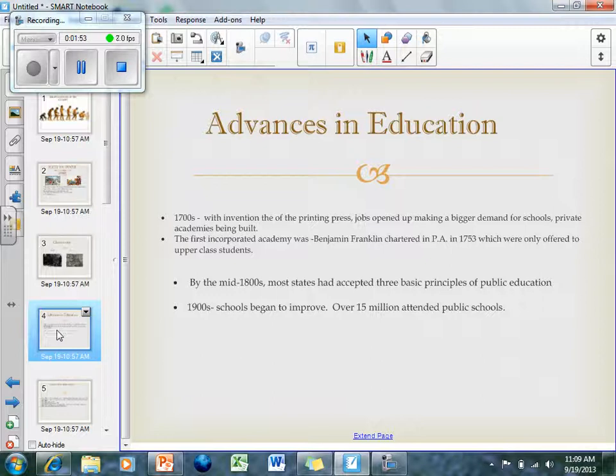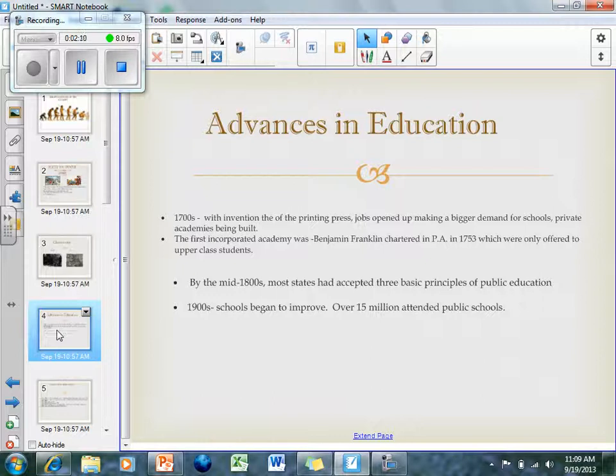And while the upper class students were in class, some of the poor children stole and destroyed property, and some reformers felt that education would make a difference and make them better citizens.